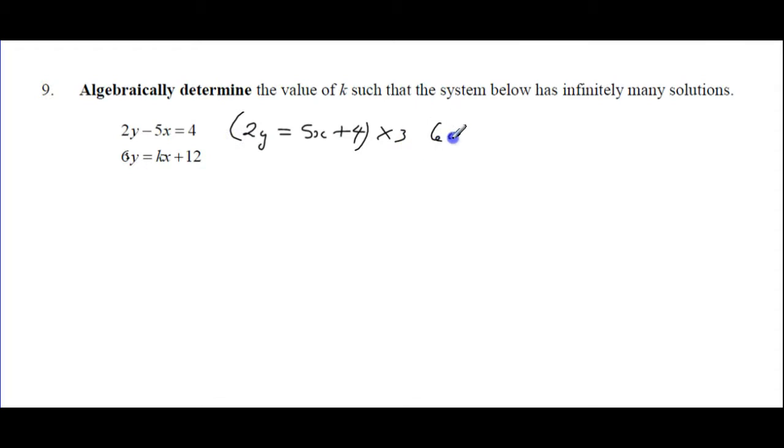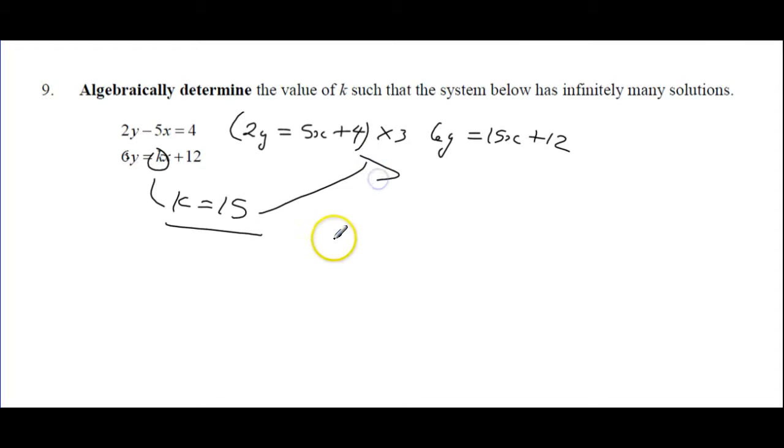And that'll give me 6y is equal to 15x plus 12. So k is equal to 15, making these lines the same and giving infinitely many solutions. Right, so therefore k equals 15 gives us coincident lines.